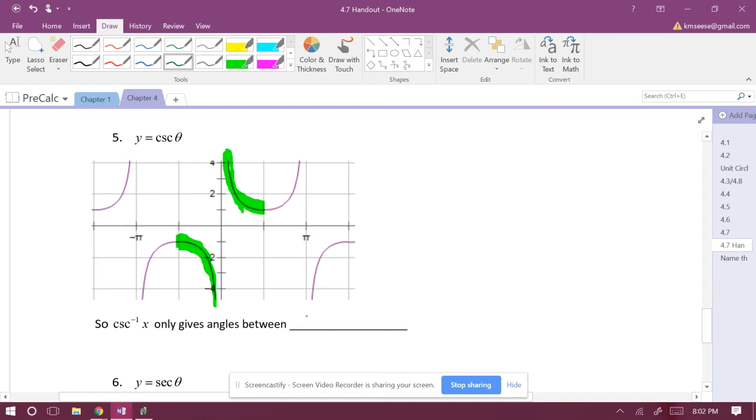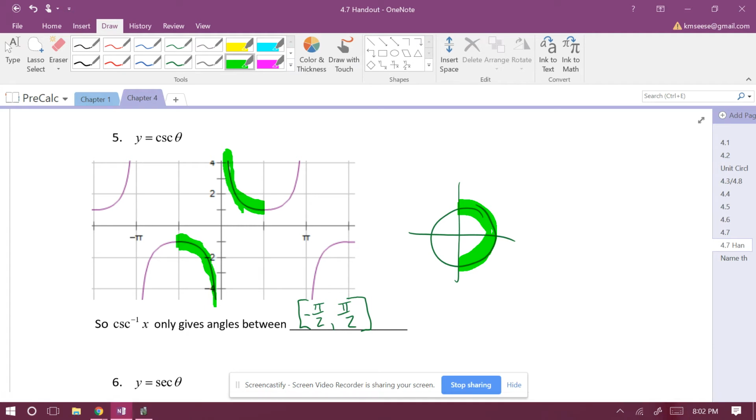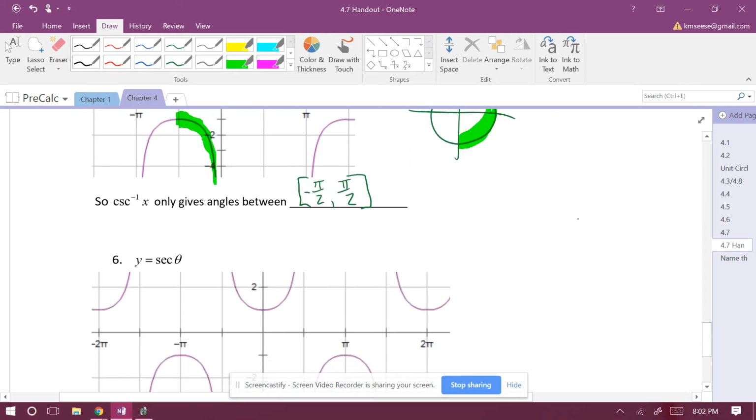So we are limiting, once again, from negative pi halves to pi halves, and this would be inclusive. Thinking on your unit circle, that's quadrants 1 and 4 again. So whenever you evaluate a cosecant inverse value and plug it into your calculator, it's going to give you an answer between negative pi halves and pi halves, and that'll come into play later.